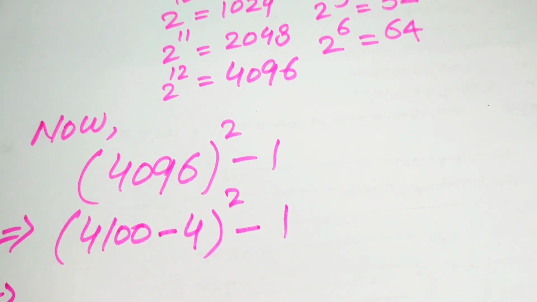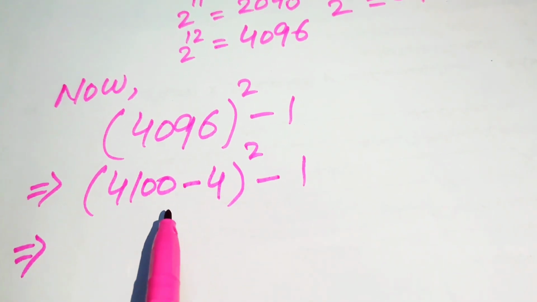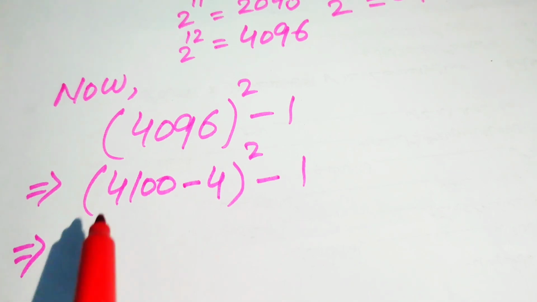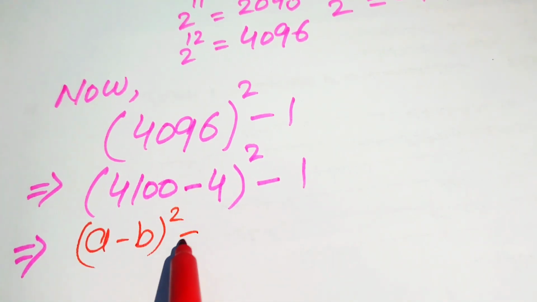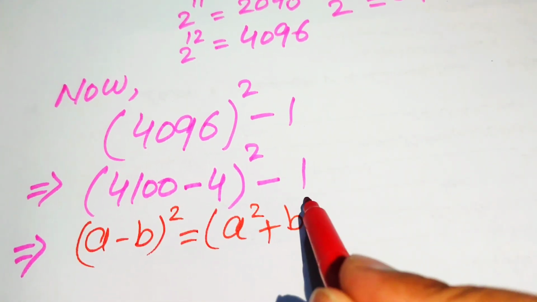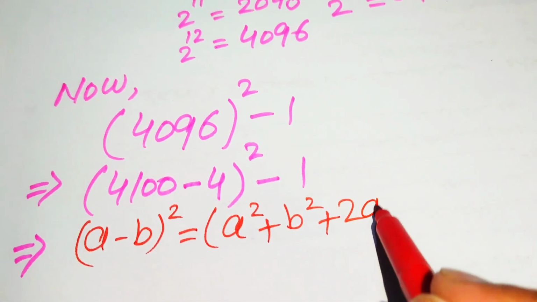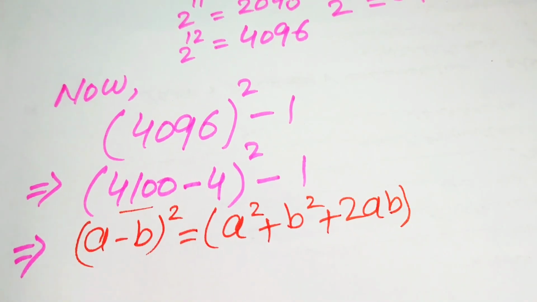And now in the next step, we just use the nice square identity for this term. You know about this one: if we have a minus b whole square, it is equal to a square plus b square minus 2ab. Here we use this nice formula on the first factor.